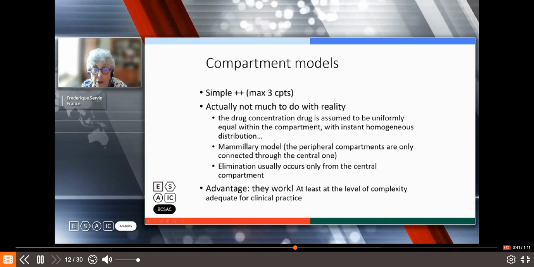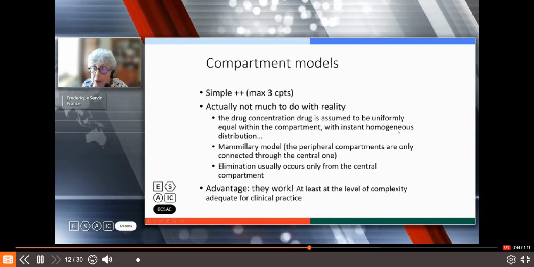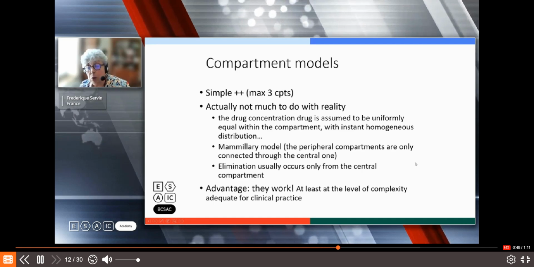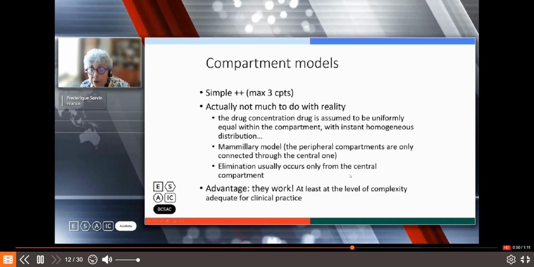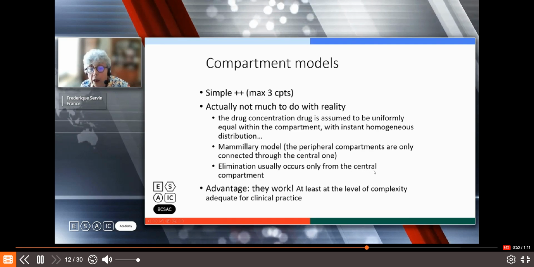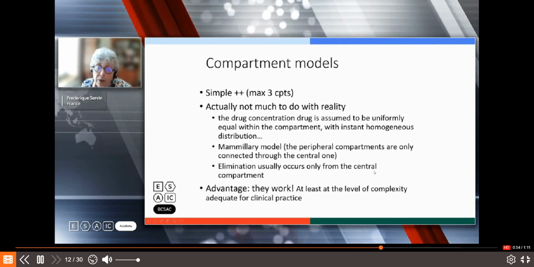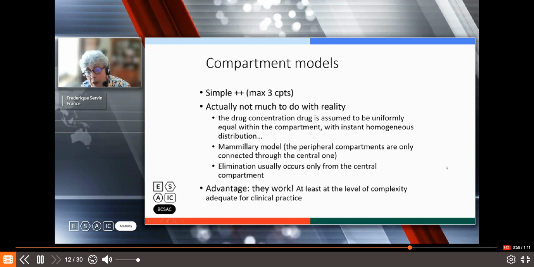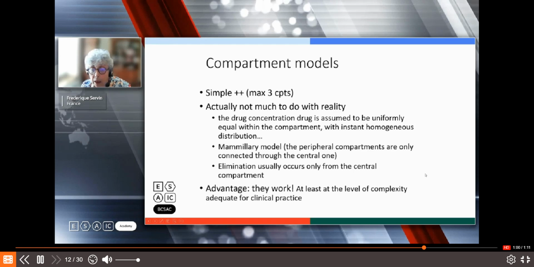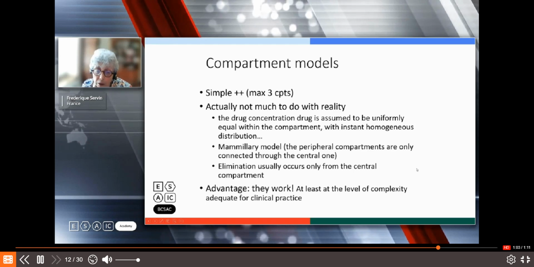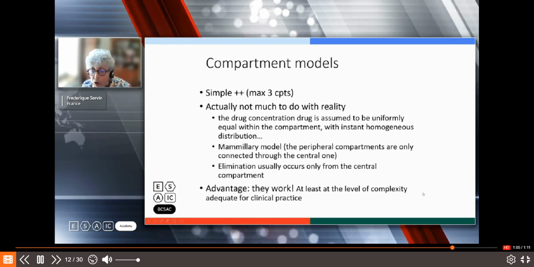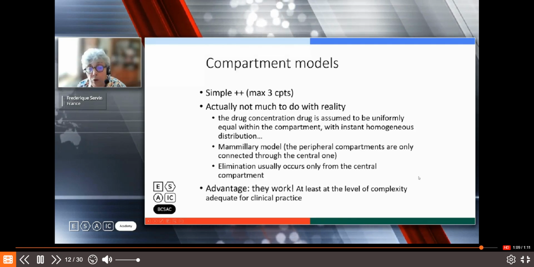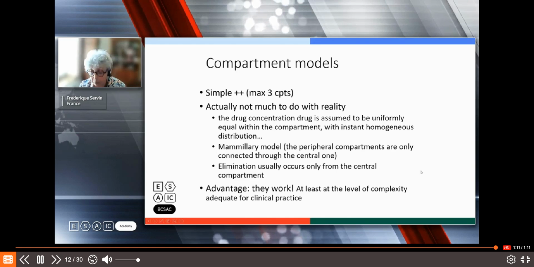That is what is called a mammillary model, and the elimination occurs only from the central compartment. And this also obviously is sometimes not true, for example, with remifentanil. But their main advantage is that they work, and they allow to define the time course of action of the drug, at least at the level of complexity adequate for clinical practice.